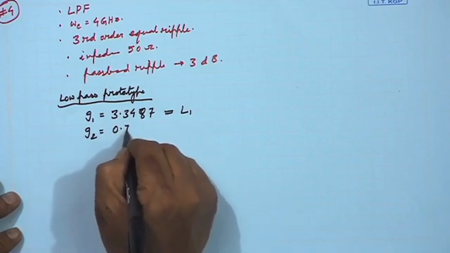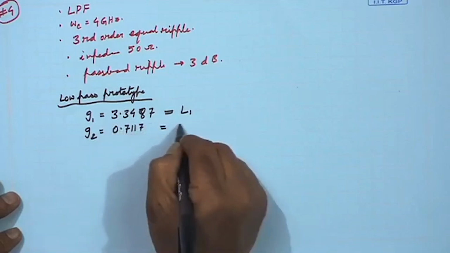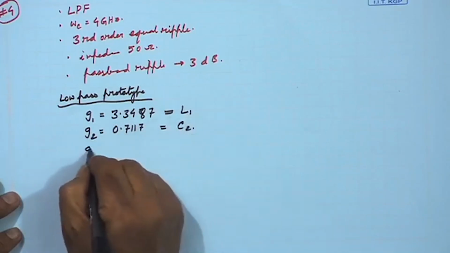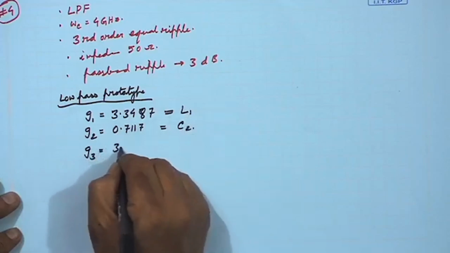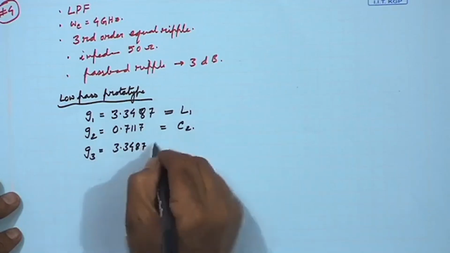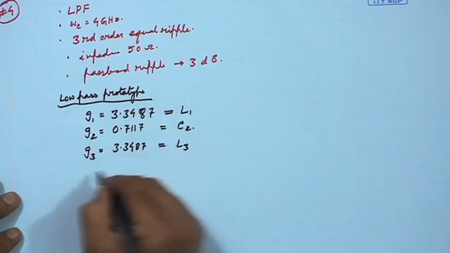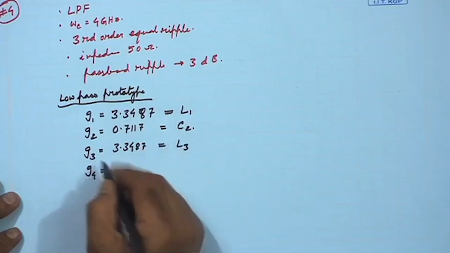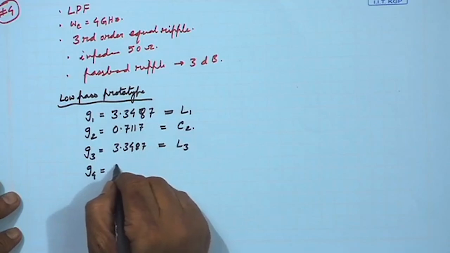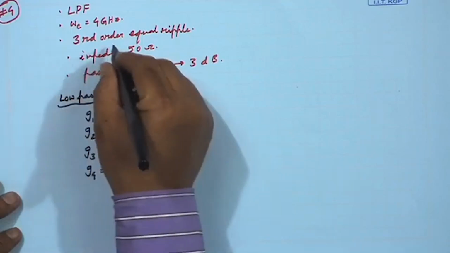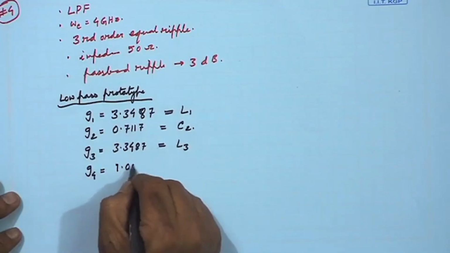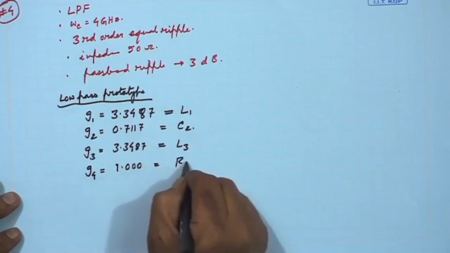Then G2 is 0.7117, let us call that C2. G3 from the table is 3.3487, and that we call L3, and G4, again I said Chebyshev with n odd, third order. So, this is 1.0 and this is RL.